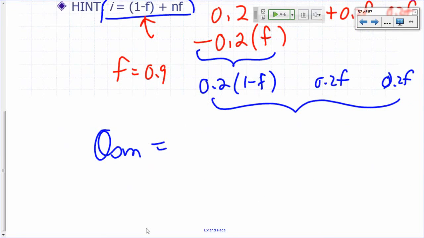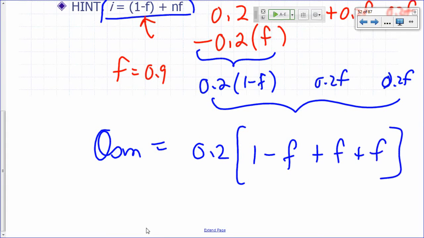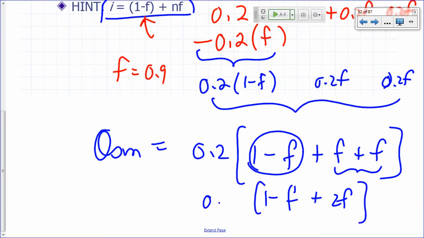So your total osmolality, if you combine all of this, what would that be? You can factor out 0.2, right? So 1 minus f plus f plus f. Is that right? So this is 1 minus f, and that's 2f. 1 minus f plus 2f times 0.2.